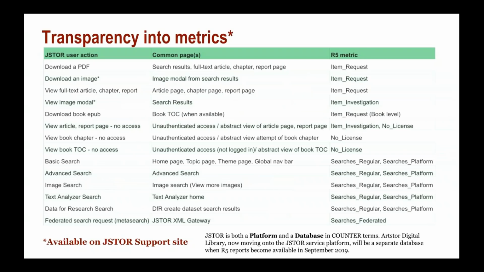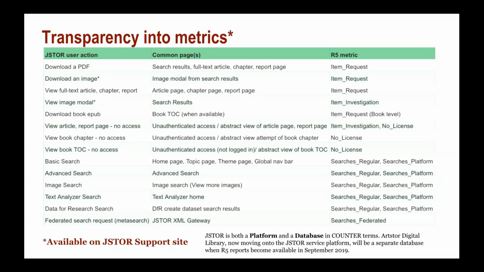Since we've added this documentation to our support page, the views and helpfulness rating, if you will, of that page has gone way up. That was one of the most popular questions in release 4: I see these metrics in this report, what things are happening on JSTOR that translate to these different metrics?